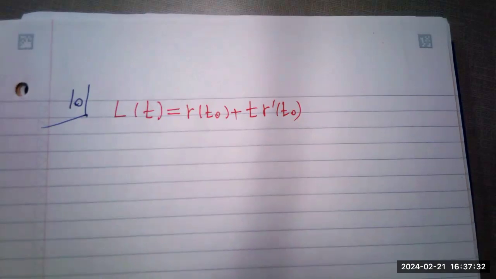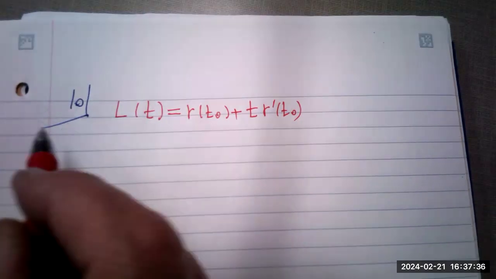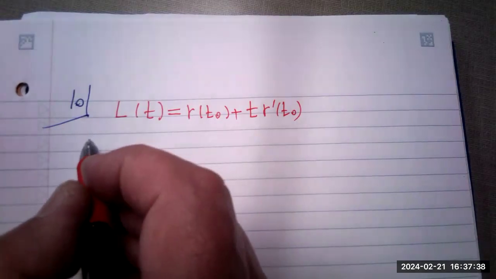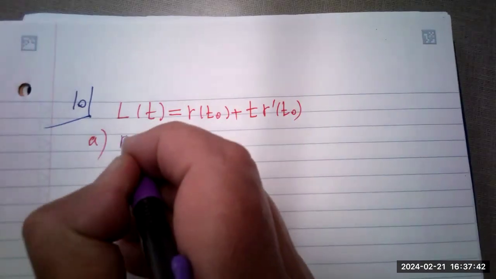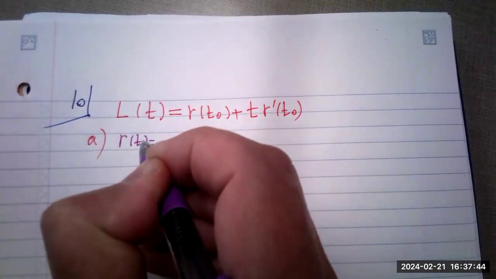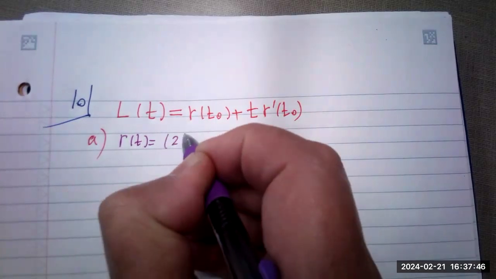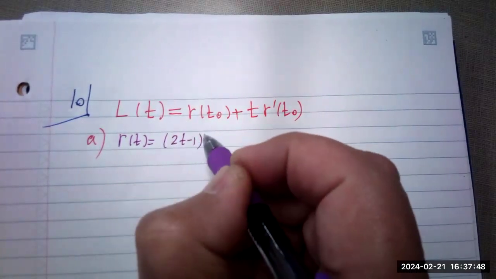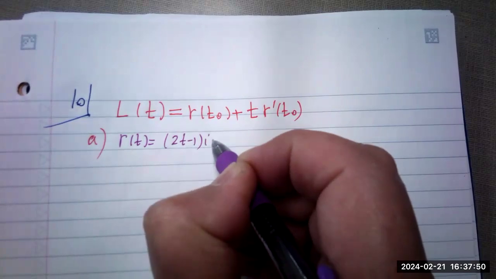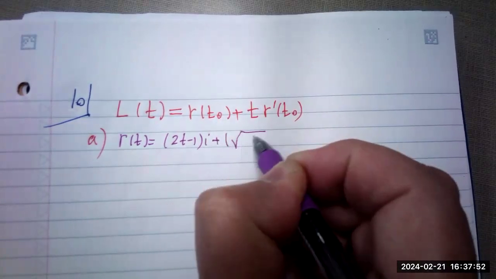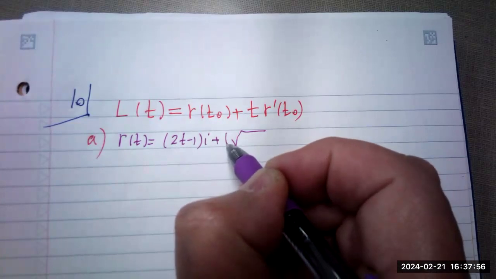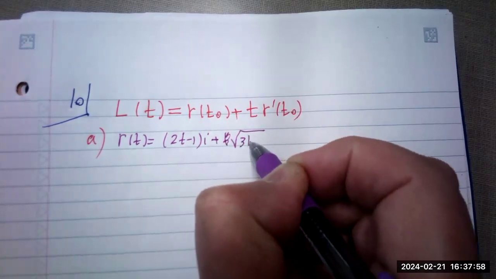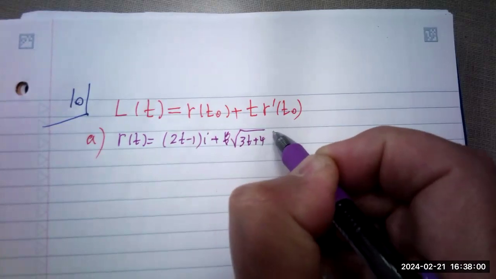So what you have now, for example, part one. The function is this one: r of t equals (2t minus 1) i plus radical 3t plus 4 j.